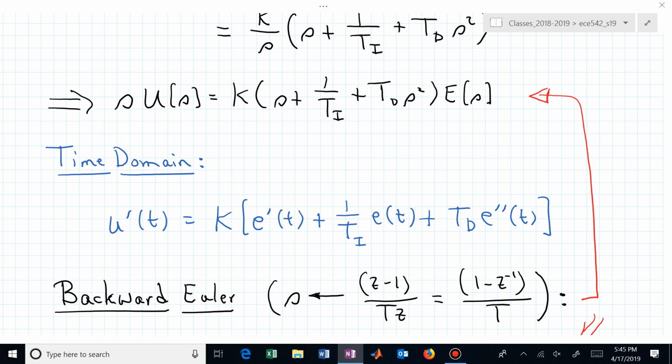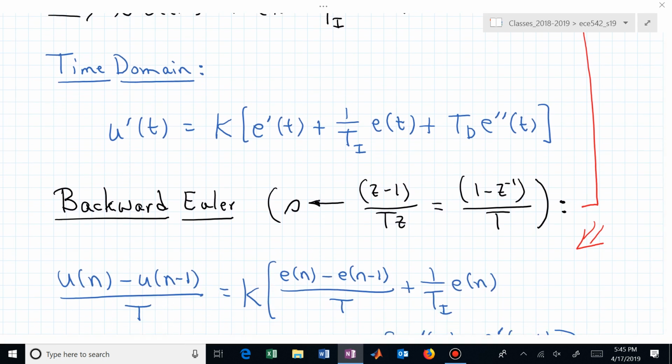But now let's replace all of those S's with this backward Euler approximation. And now we'll have z to the minus 1's floating around. Everywhere we have an s, we're going to replace it with 1 minus z to the minus 1 over T.